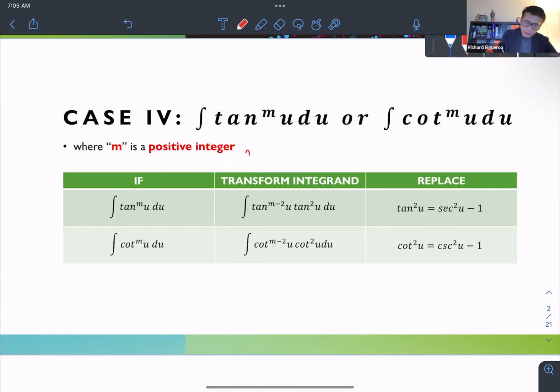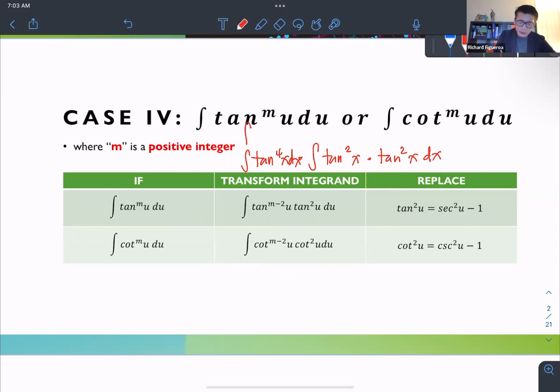For example, if we have tangent to the fourth x, we transform that as the integral of tangent to the fourth: 4 minus 2, that would be tangent squared x, and then we retain the tangent squared x dx.